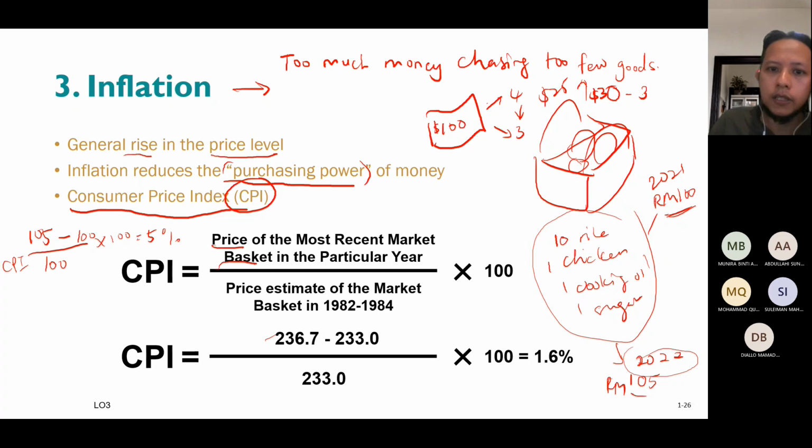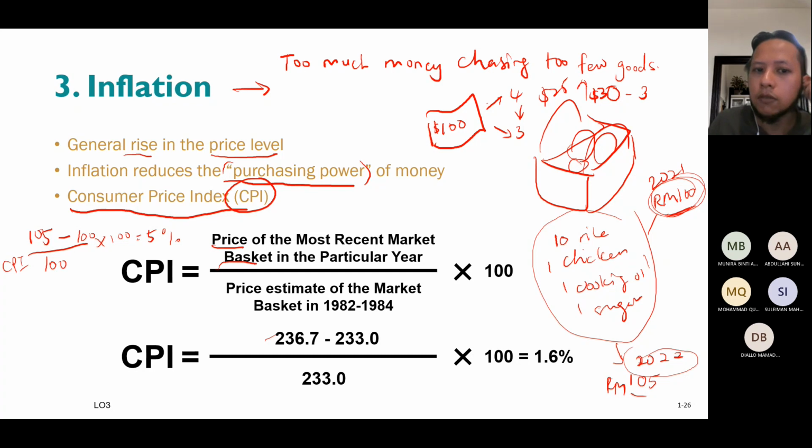Of course, in reality the figure may not be 100; it can be 233, for example, and then the next year can be 236.7. So you can calculate each year what the CPI is.